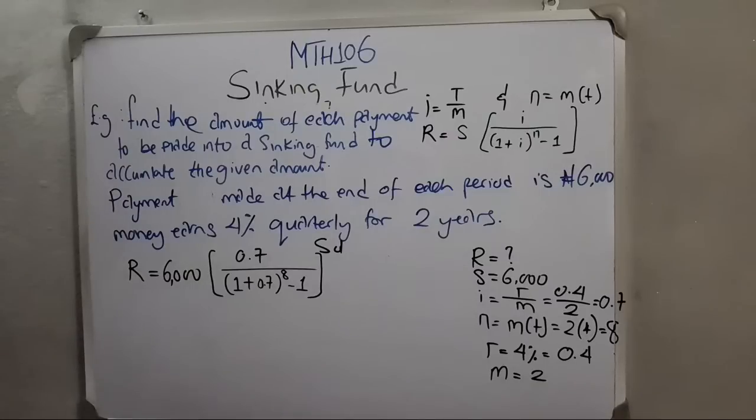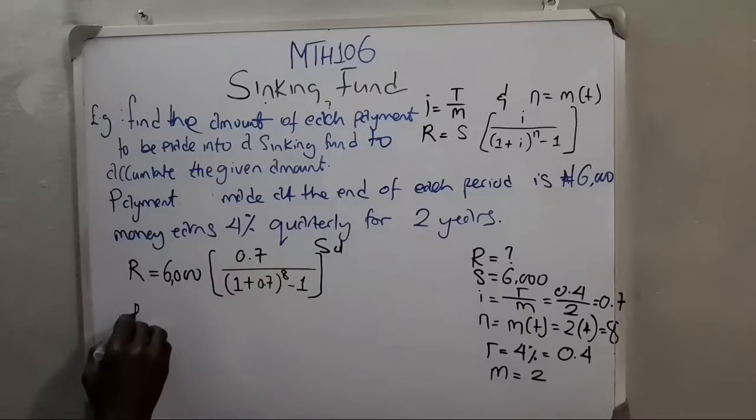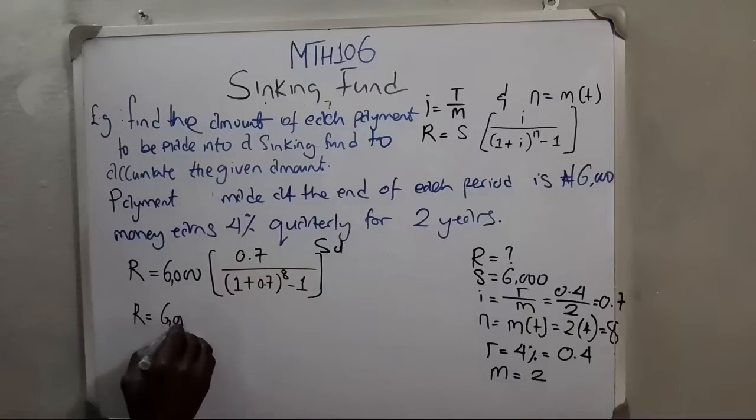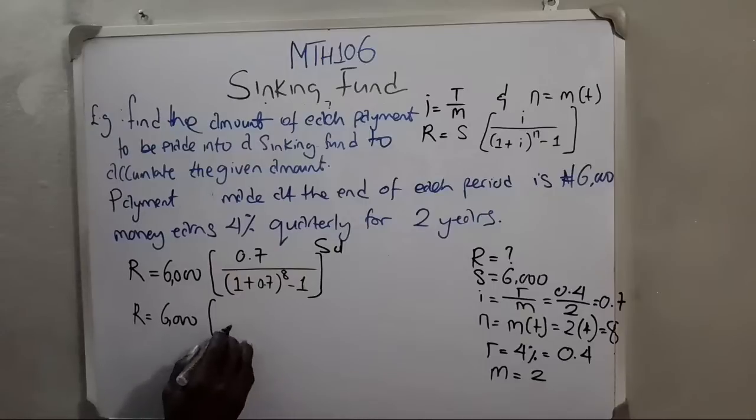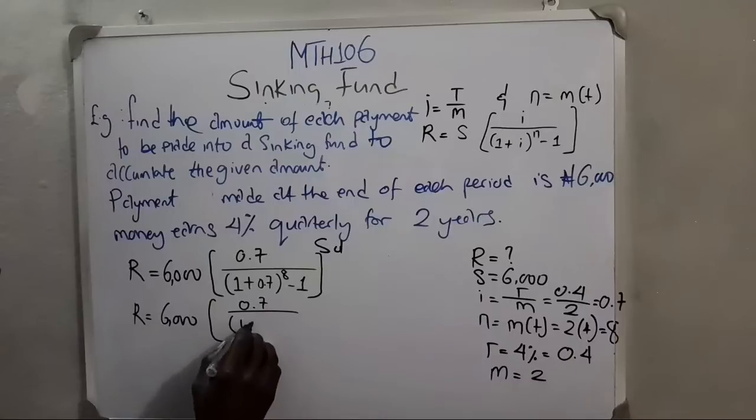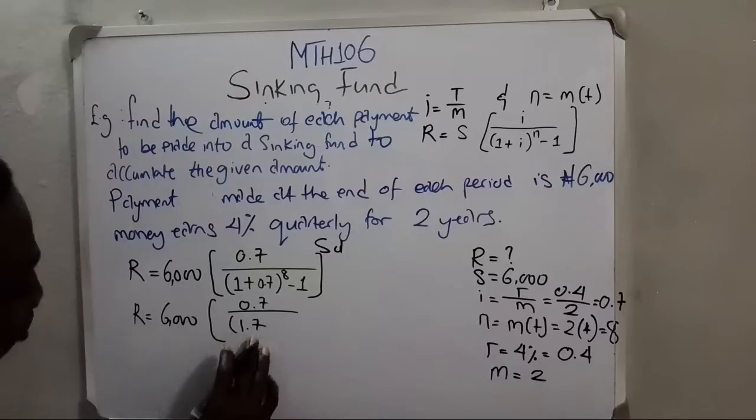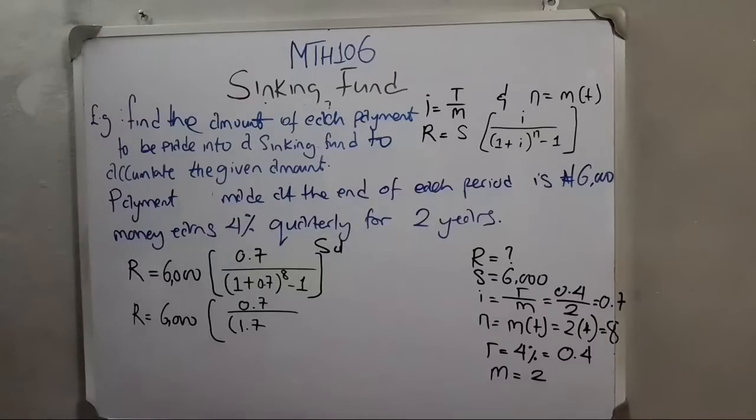Okay, so from here we can continue by saying R equals 6,000, then 1 plus 0.7. This should give us 1.07, if I'm not mistaken. Let me confirm that. Just a moment.